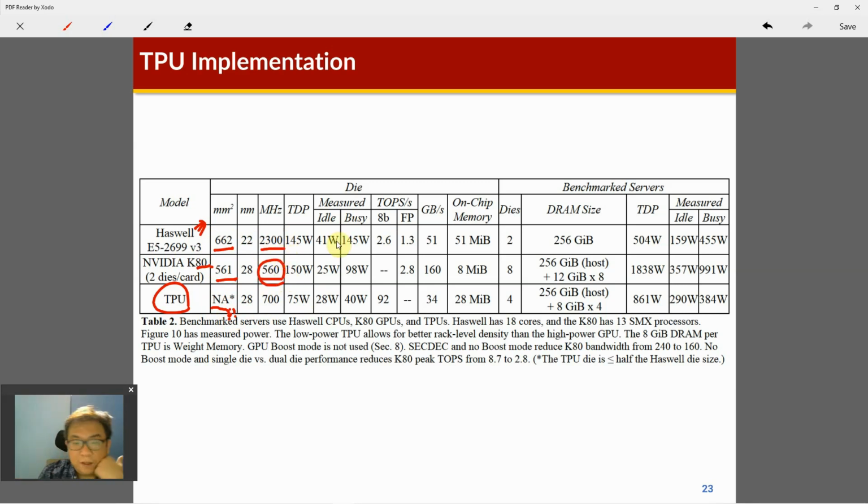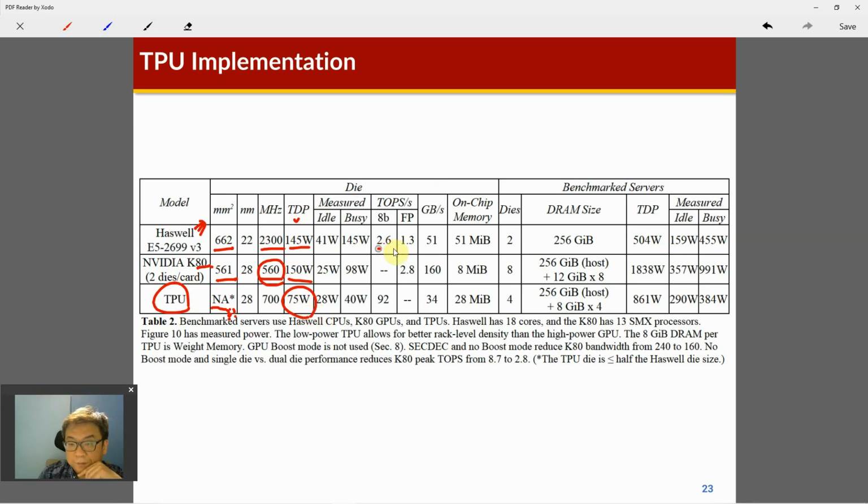And the TDP is the designed power consumption, and as you can see, the TPU consumes lower power.